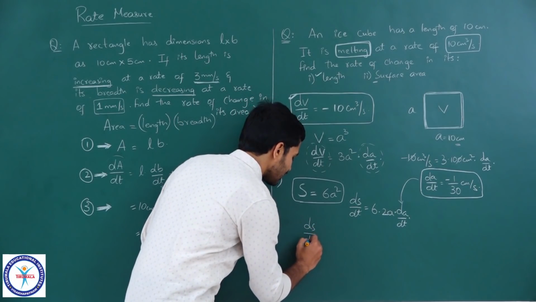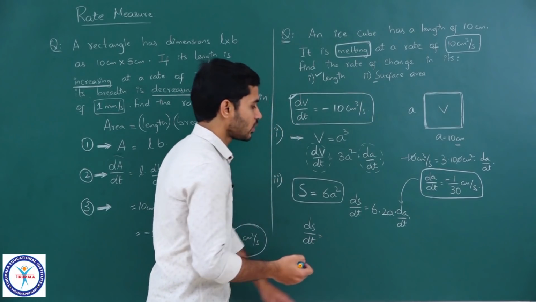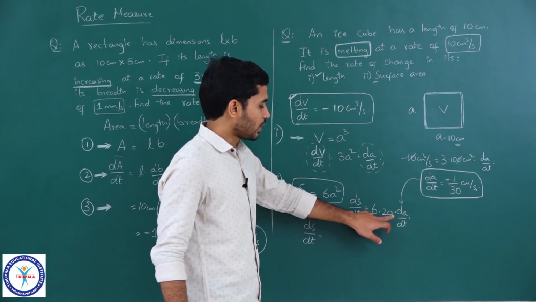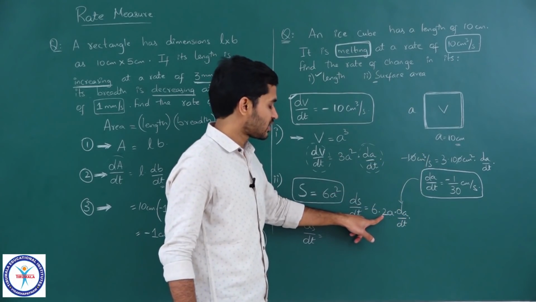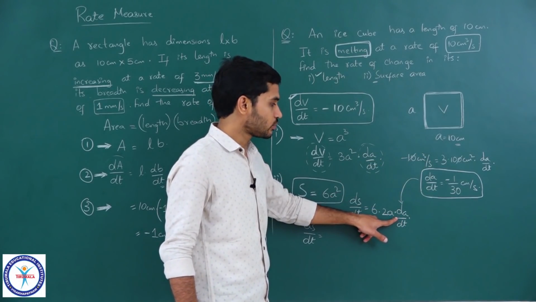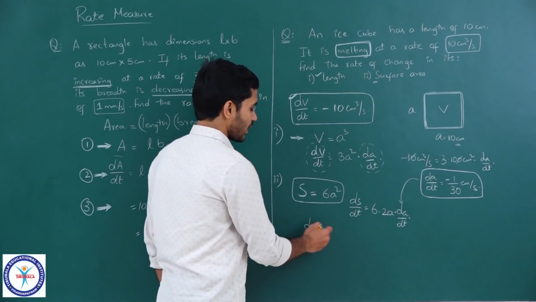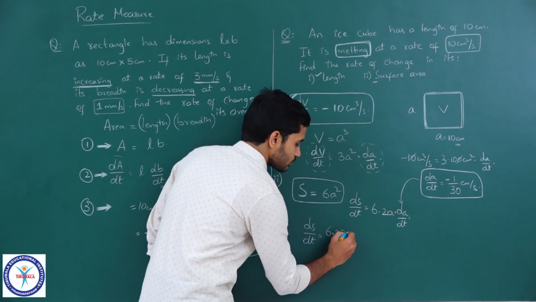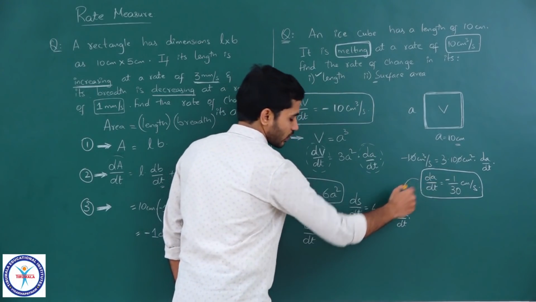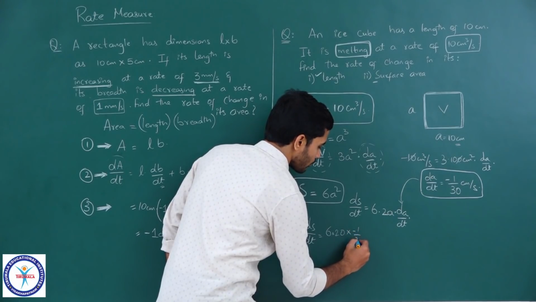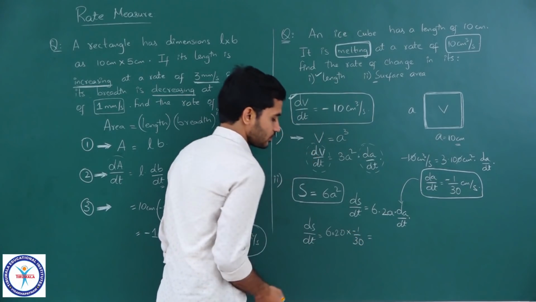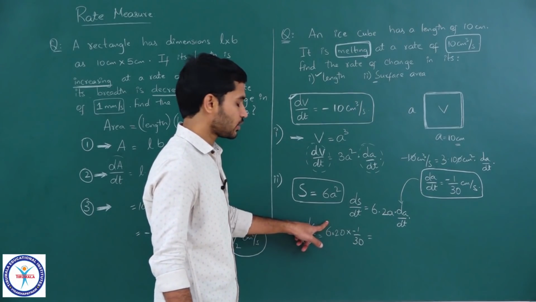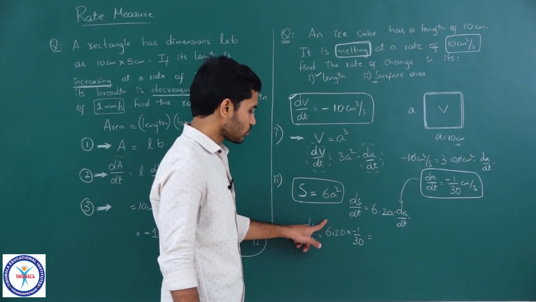So solving that will give me dS by dt is equal to, how much is this? 6 into 2 into a, which is 10, so 6 into 20 into, this is minus 1 by 30. So finally 0 and 0 get cancelled, 3 ones are 3 and 3 twos are 6, so 2 and 2 will be there.